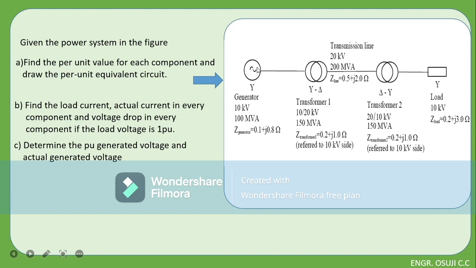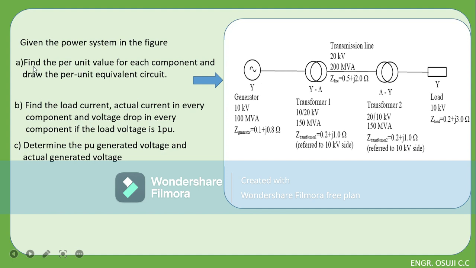We have a generator, a transformer, and another transformer. This transformer is stepping up the voltage that is coming in. The voltage coming in is 10 kilovolts. It steps it up to 20 kilovolts. The voltage gets to this transformer, which steps it down further to 10 kilovolts.